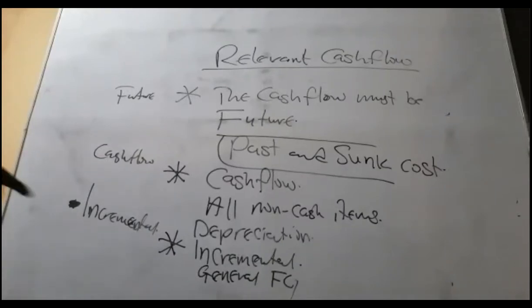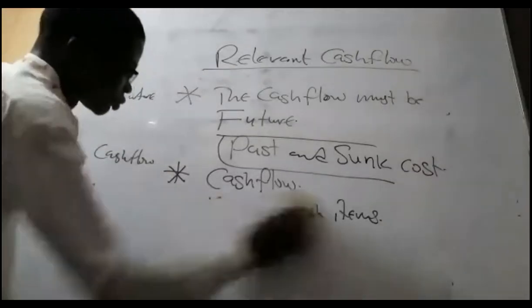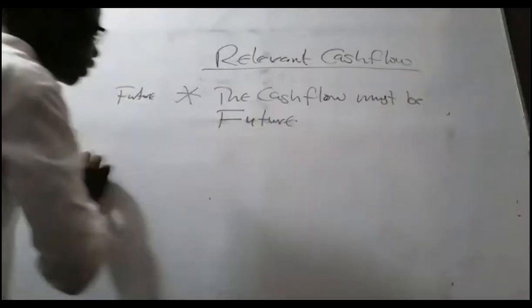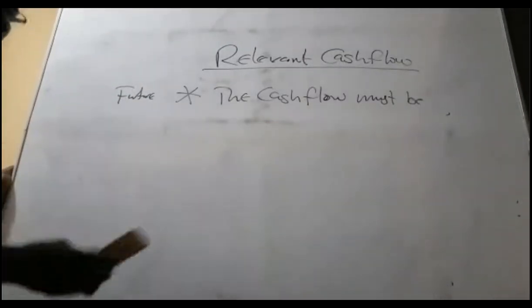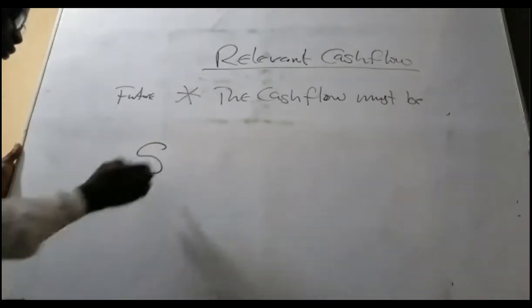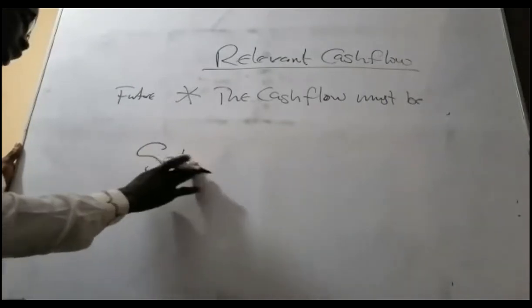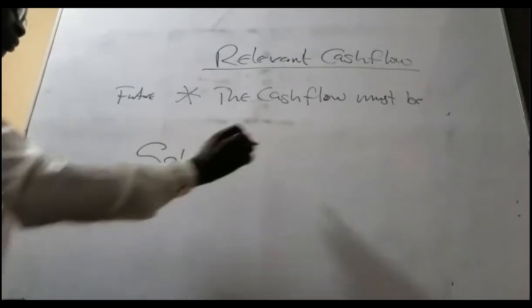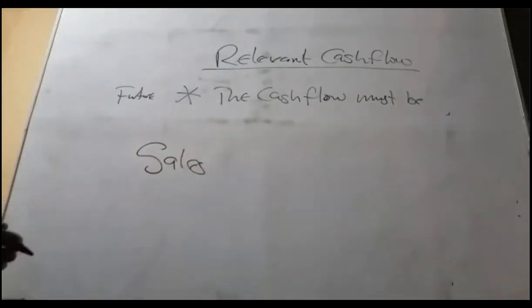Now let me illustrate this under the incremental. I write something on the board, then you tell me how it should be accounted for. Let's assume sales revenue. The companies prepare their financial statements, and at the same time we are appraising a project.